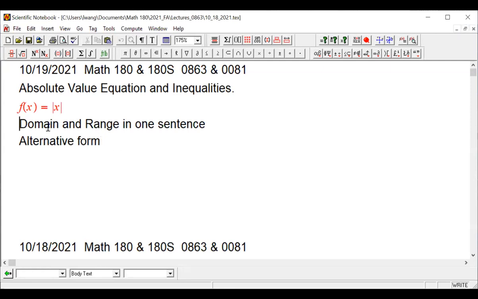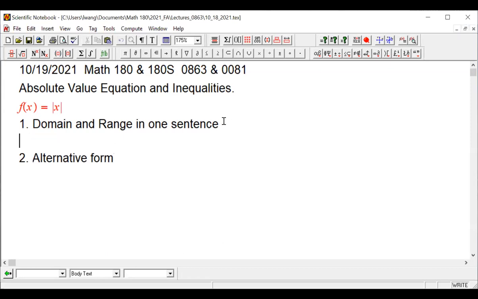It doesn't matter which order. And maybe we add the narrative about absolute value.